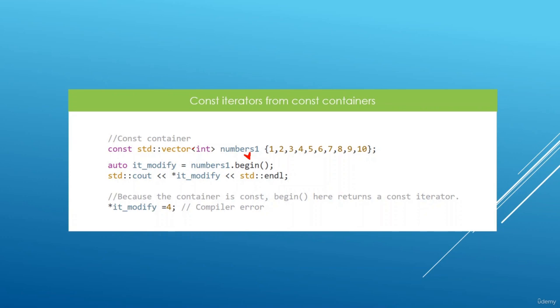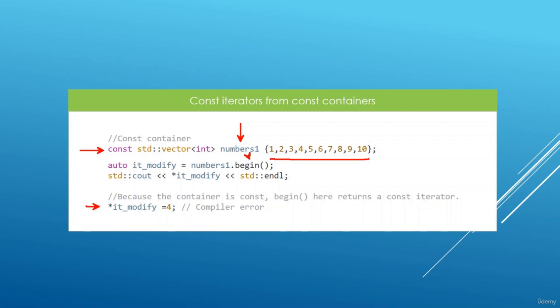So if you're trying to get iterators to this container, the system is going to give you constant iterators. You can't go through them to modify any element from this container because the system is going to protect the constness of the container. If you're trying to do that, you will get a compiler error.